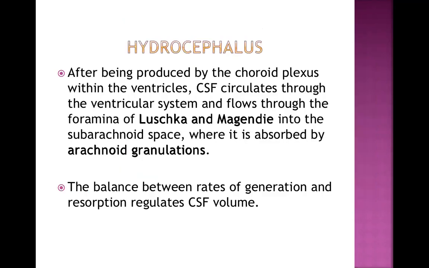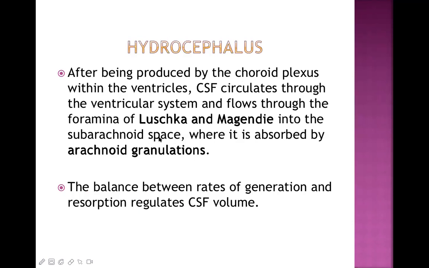Now, what is hydrocephalus? Before you go into the discussion of hydrocephalus, you should know how CSF is produced and what the pathway of CSF is. I've already explained this many times. Now see here, CSF is produced by the choroid plexus, mainly from the lateral ventricle, also contributed in the third and fourth. Then that CSF will circulate and ultimately come out through the foramina of Luschka and Magendie into the subarachnoid space.